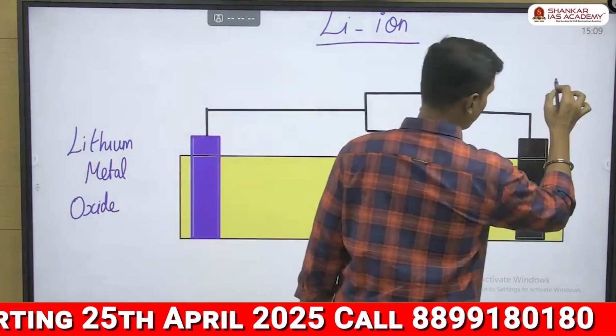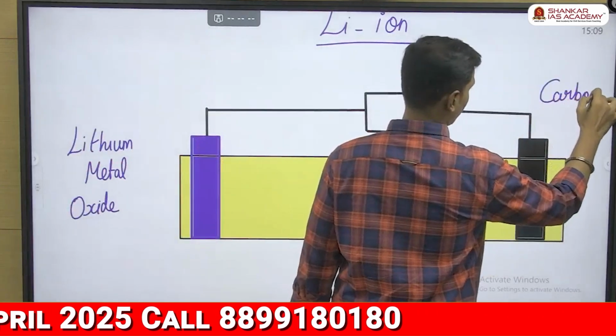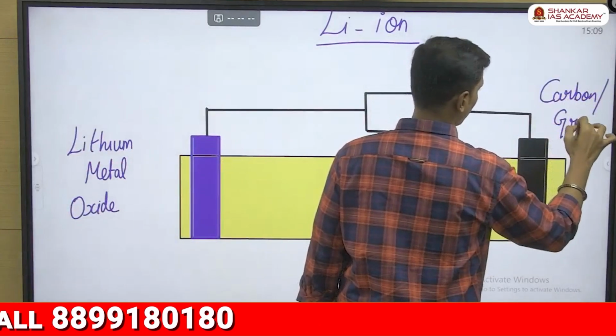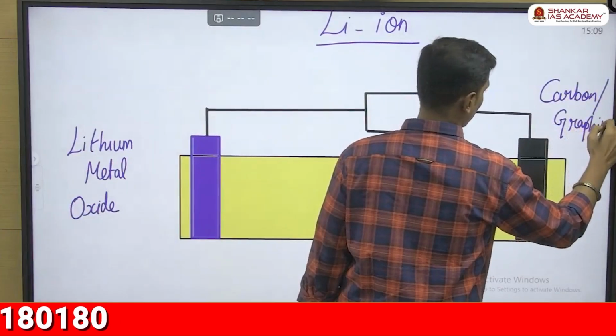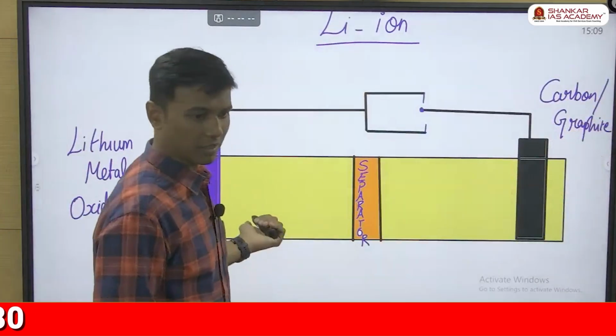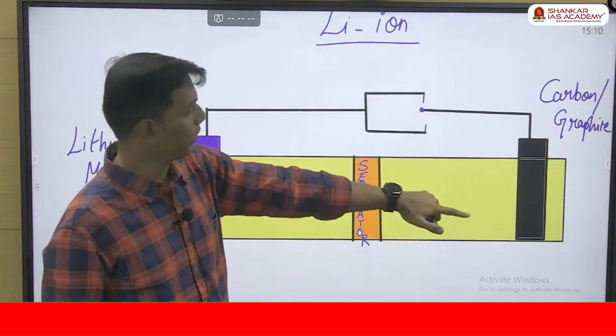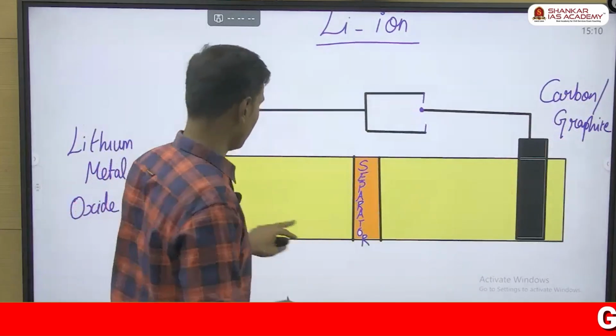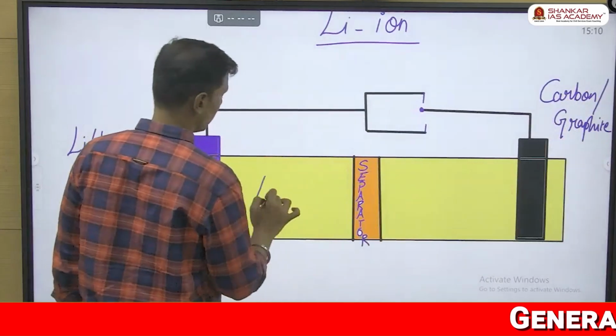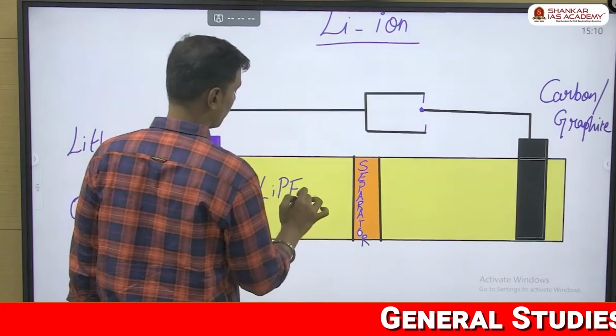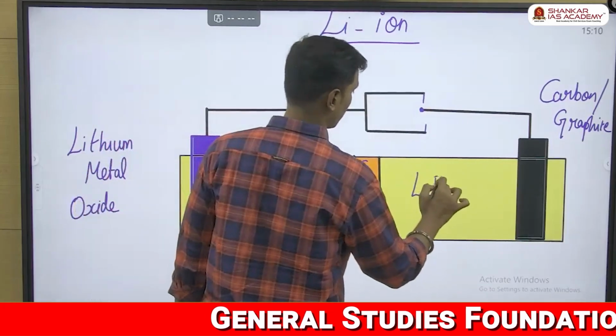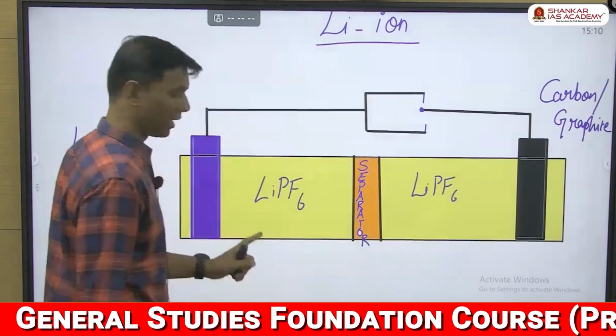On the other side, we will be putting carbon or graphite. Understood till this? One side you have lithium metal oxide, the other side you have carbon or graphite. Then the electrolytic solution used here is lithium hexafluorophosphate, usually LiPF6. Now let's talk about the reaction that happens here.